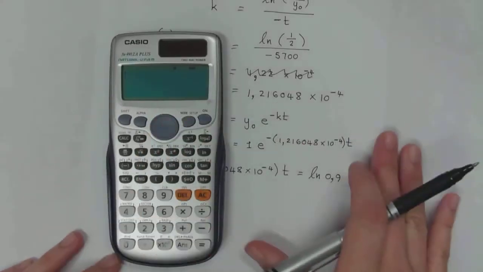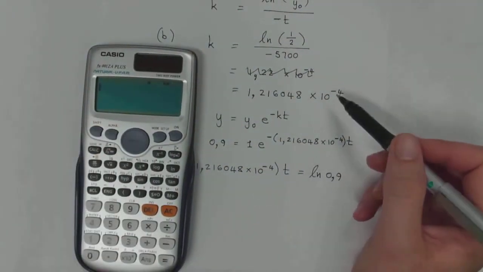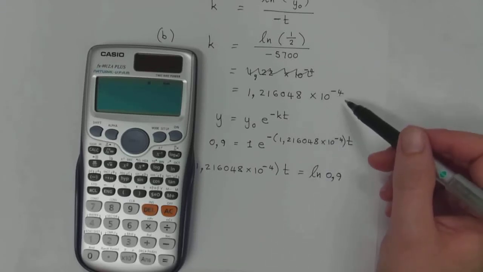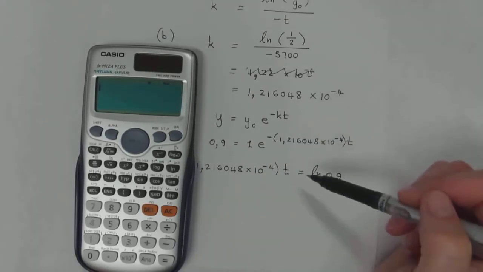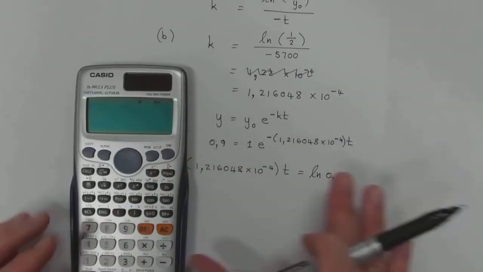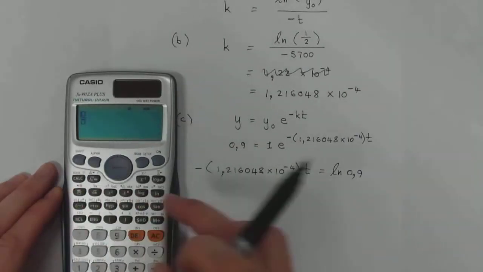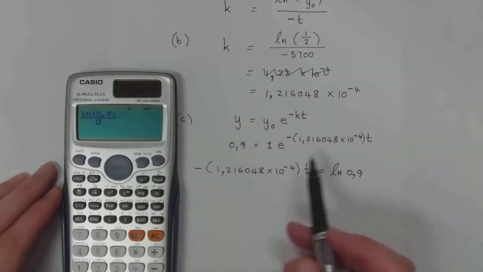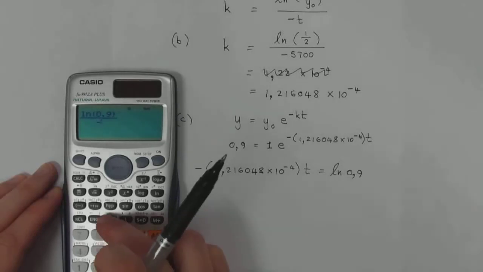Now, if you've cleared the screen from the original answer, then obviously you can use those 6 decimal places, because 6 decimal places is pretty accurate, and you are allowed to use a rounded off version as long as it's scaffolded. As long as you go from B to C, you're allowed to use that. So on my calculator, I will then just type in the ln of 0.9, closing the bracket, divided by, and now to type that part in, I'm going to put a minus and then a bracket as well.